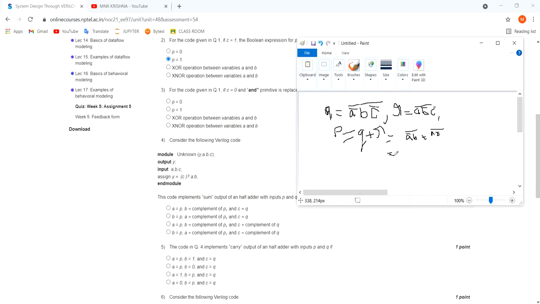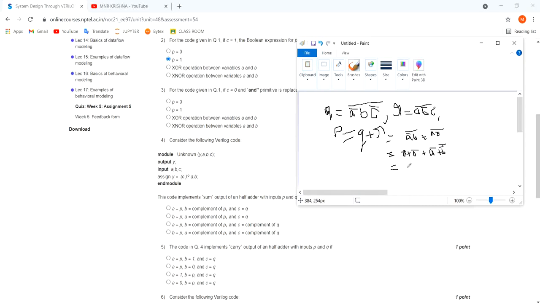Here a bar b whole bar can be written as a double bar plus b bar by using De Morgan's law, and also a b bar can be written as a bar plus b bar bar.